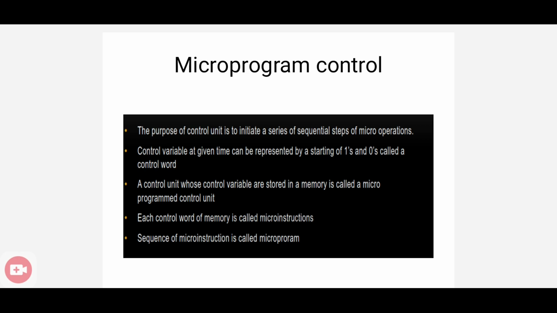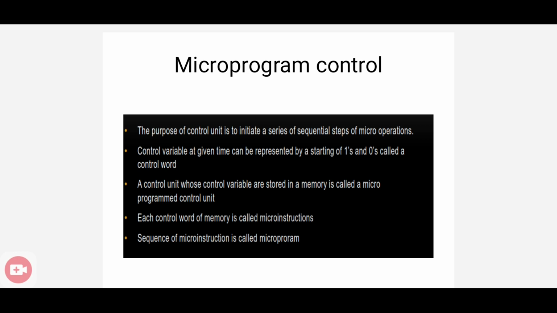It is actually a micro instruction, otherwise known as a control word, which is a combination of strings of 1s and 0s. All these control words are stored in a control memory, that is a microprogrammed control memory, and each control word is known as a micro instruction, and the sequence of micro instructions is called a microprogram.